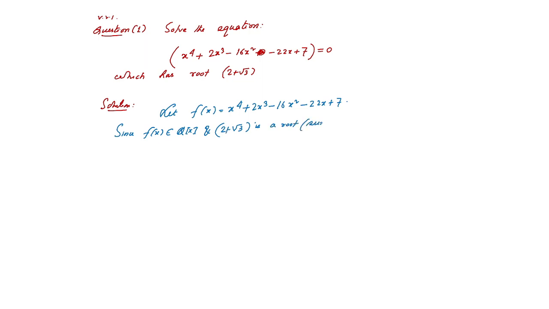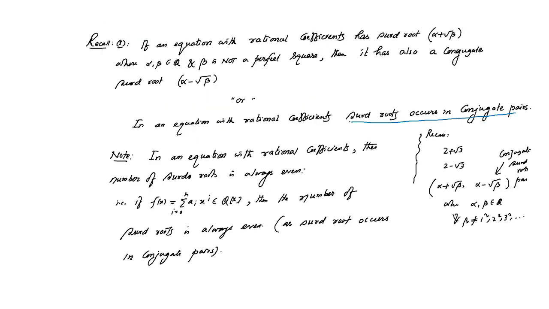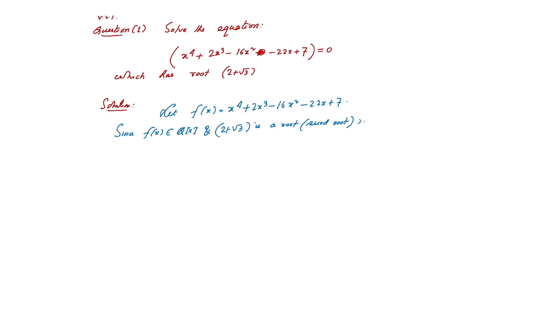That root is basically a surd root. So by the above recall, 2 plus root 3 is the root, so there is another root, this is 2 minus root 3. So we can say 2 minus root 3 is also a root of f.